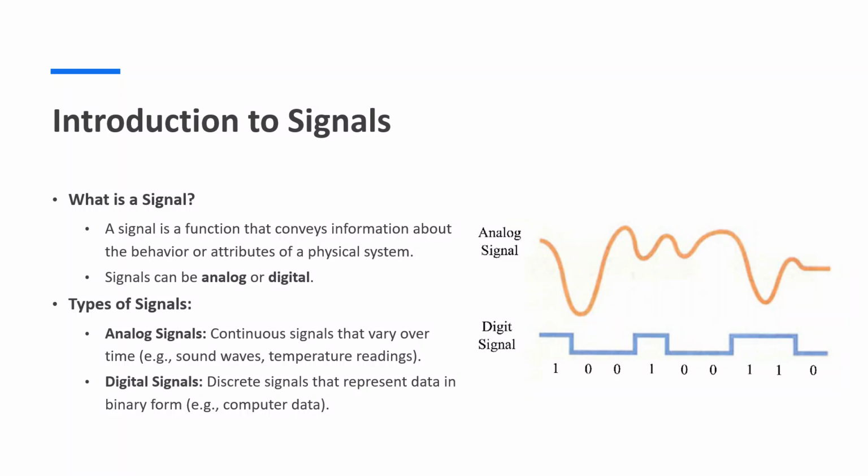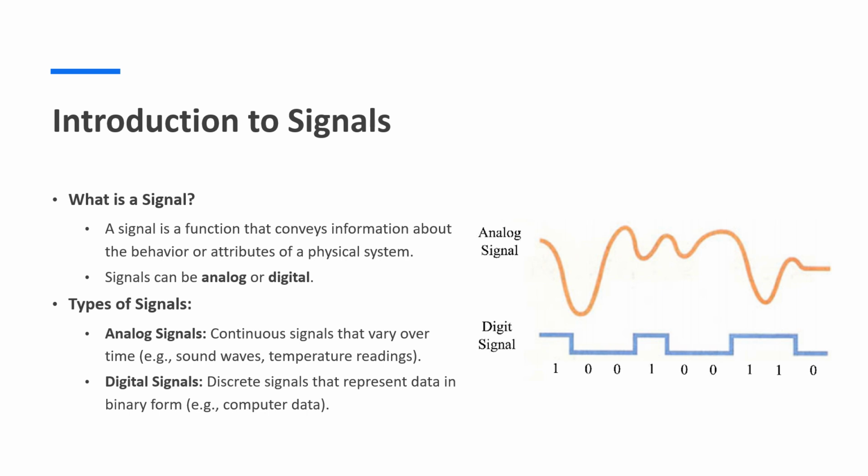Introduction. So let us start with what is a signal. A signal is simply a function that carries information about the behavior or properties of a physical system.